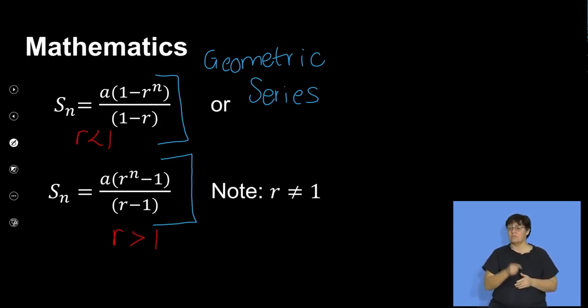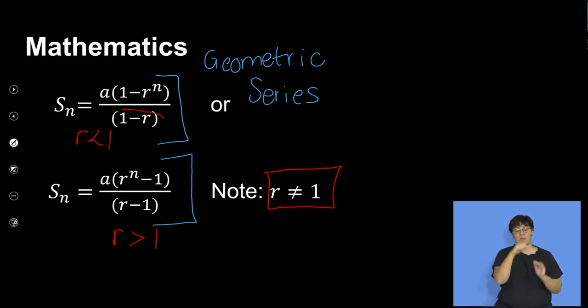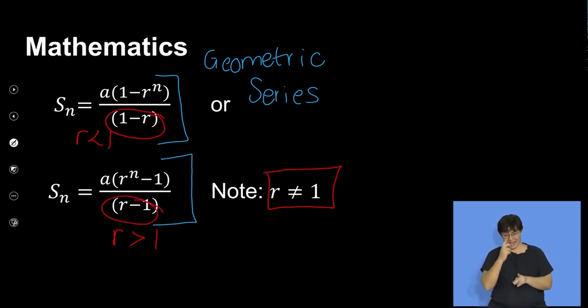Lastly, please note that r is not equal to 1 for geometric series, as this would lead to the denominators being undefined, as we would then have 1 - 1, which would be 0. So these formulas are used for geometric series when r is not 1.